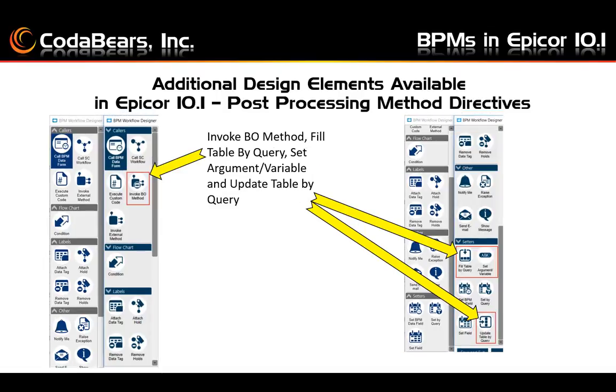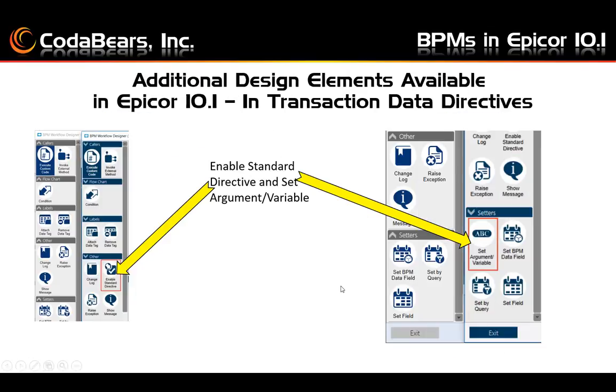In the post-processing method directives, we have the same 4 options that were available in pre-processing. Again, the invoke BO method, and then the 3 different setters: update table by query, fill table by query, and set argument / variable. Once we're in the data directives, we have the in-transaction data directives.